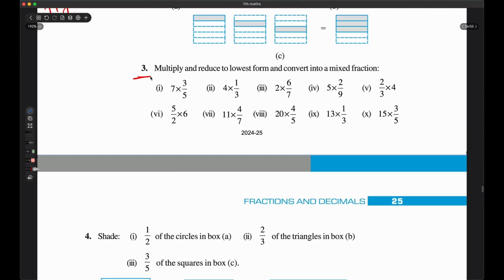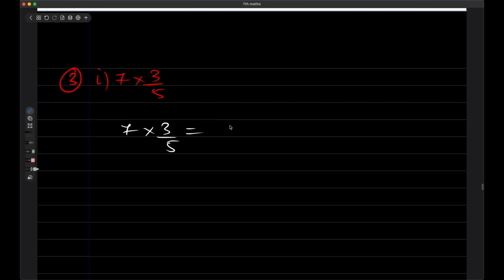Now in question number 3, we have to multiply and reduce. We have to do two tasks, that is we have to first multiply the fractions and then reduce it to the lowest form. Lowest form here means if we are getting the answer say 4 divided by 8, so to reduce it into lowest form we have to divide by the common factor. We will get 7 3s are 21 divided by 5.